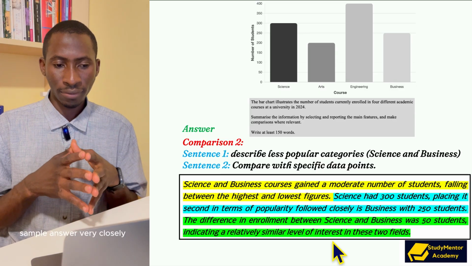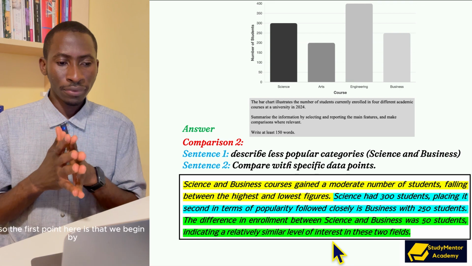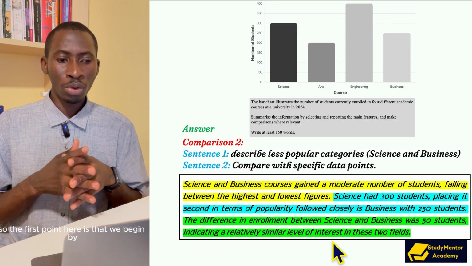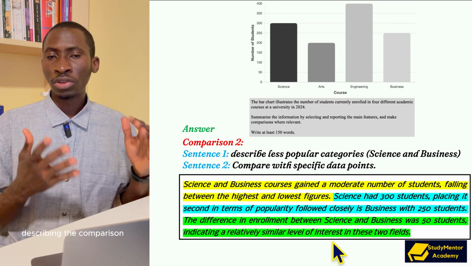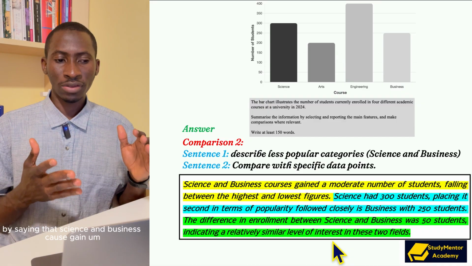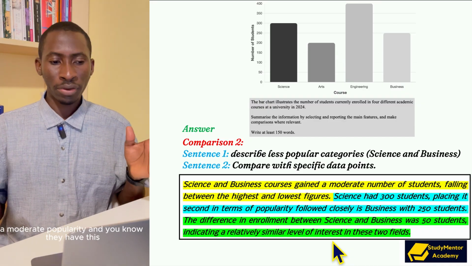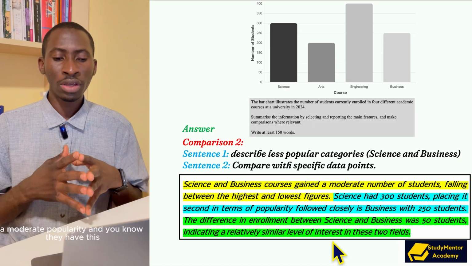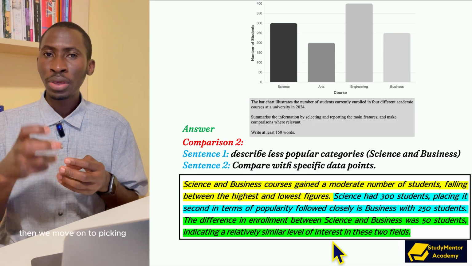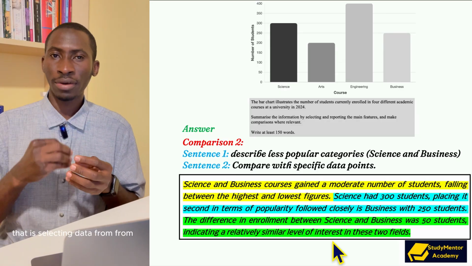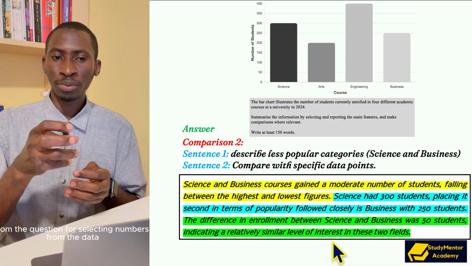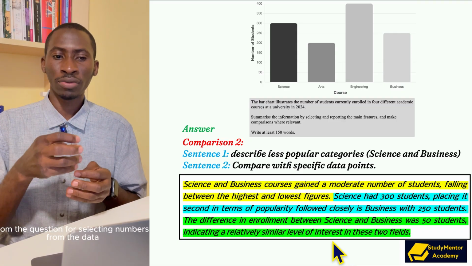So I want you to look at this sample answer very closely. The first point here is that we begin by describing the comparison by saying that science and business courses gained a moderate popularity. Then we move on to picking, that is selecting, numbers from the data.